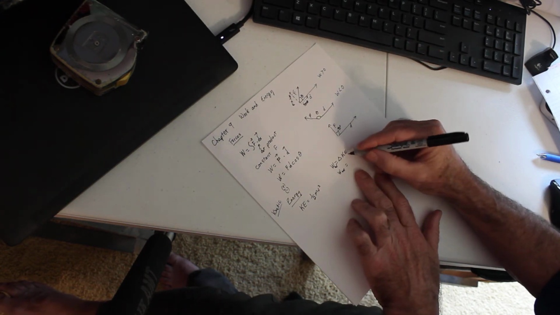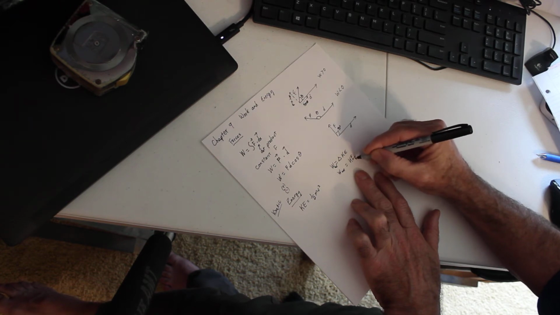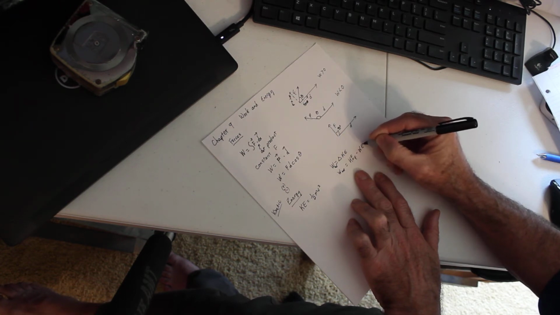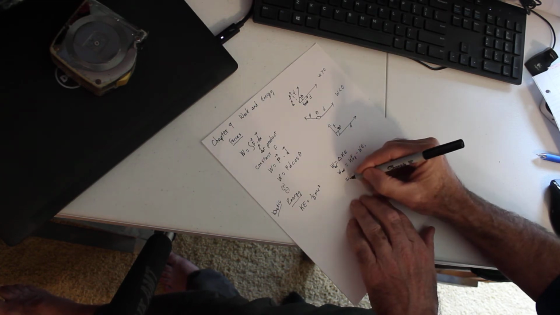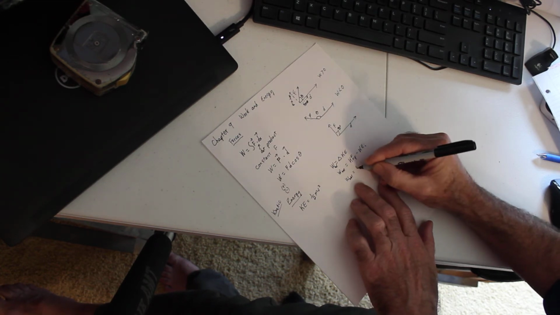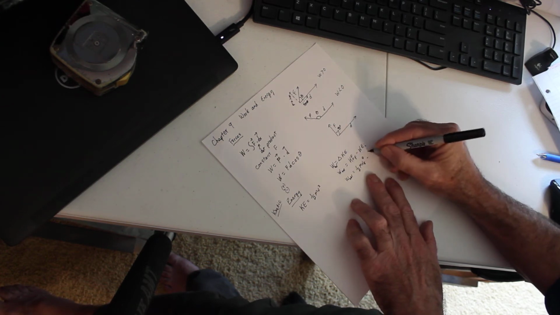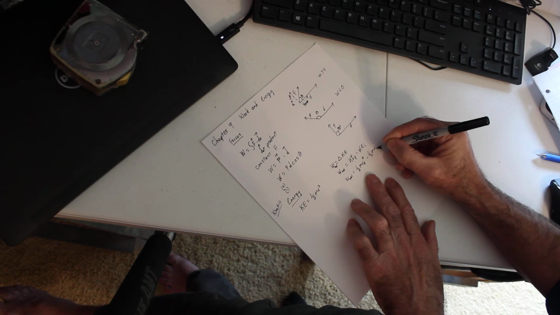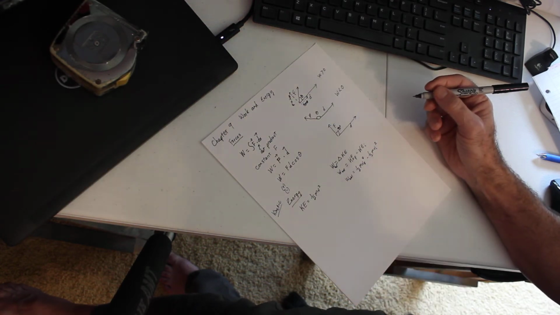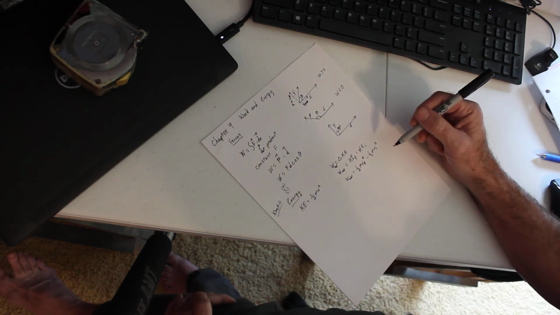So the net work is going to be the change in kinetic energy, which remember means kinetic energy final minus kinetic energy initial. Or in this case, it's going to be 1/2 mv final squared minus 1/2 mv initial squared. Okay? And it's always final minus initial.